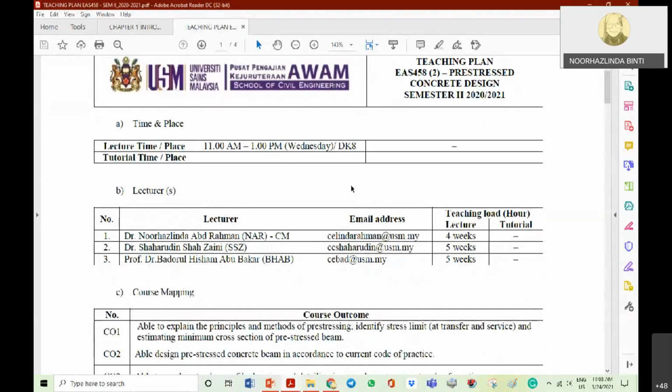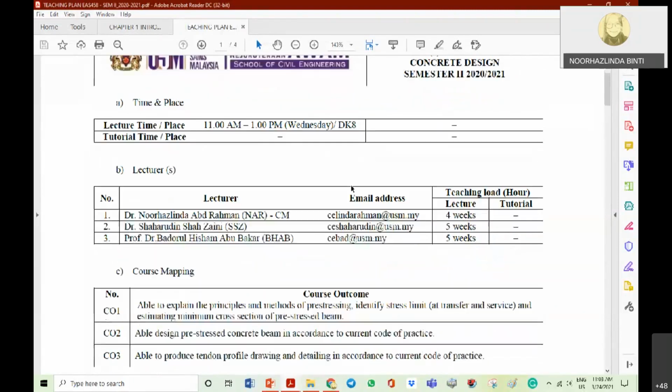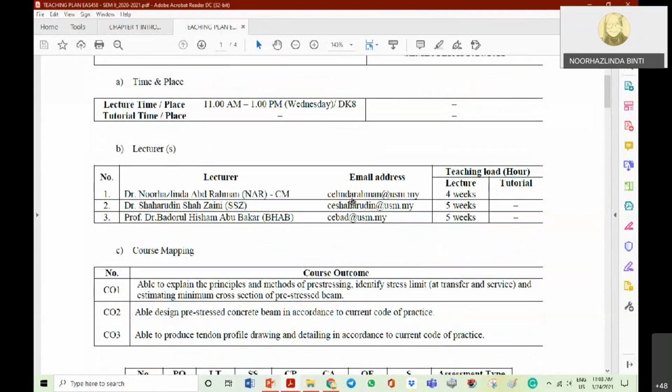So for this semester, EAS 458, the lecturers involved are myself, the coordinator of this course, Dr. Shahrudin Shah, and also Professor Dr. Badrul Hisham. So there are 3 lecturers, and I will be involved with you for 4 weeks, and then 5 weeks each for Dr. Shah and also Prof. Bad. So in total it should be 14 weeks.